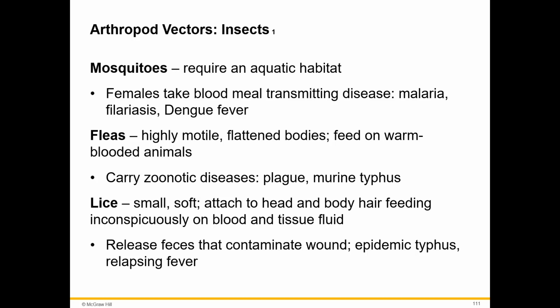Because of that, they can cause zoonotic diseases, and zoonotic diseases are just diseases caused by animals. Fleas were carriers of plague and murine typhus, which we didn't talk about, but these are just some different vectors.